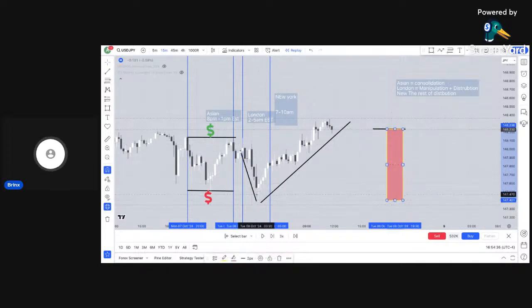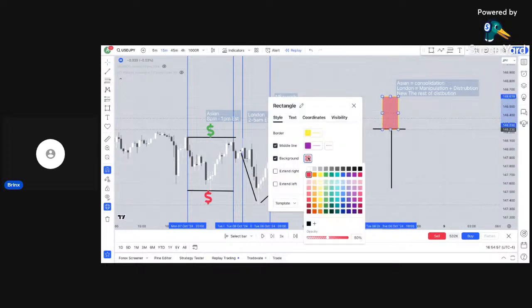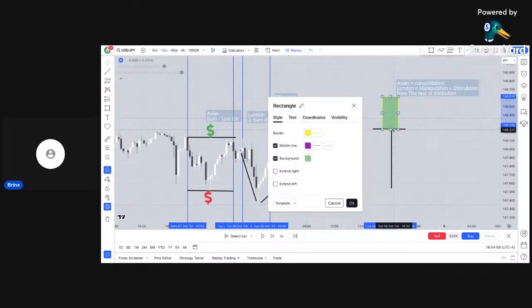When that manipulation transitions into distribution, you'll obviously see this candle go up and it'll form whatever the candle is for the day. Just make this green. Let's put a long wick. It'll look something like this, right?